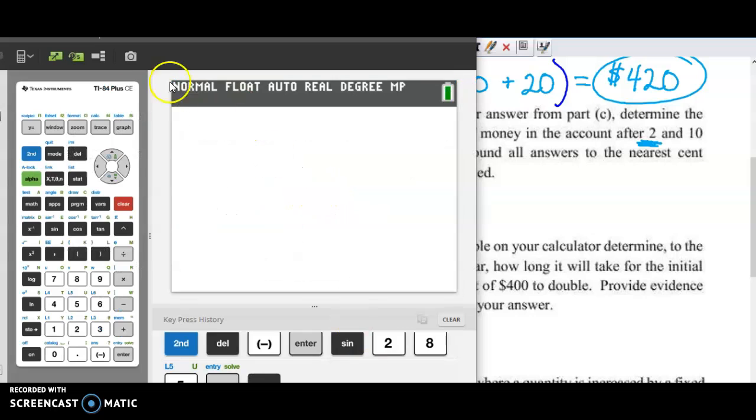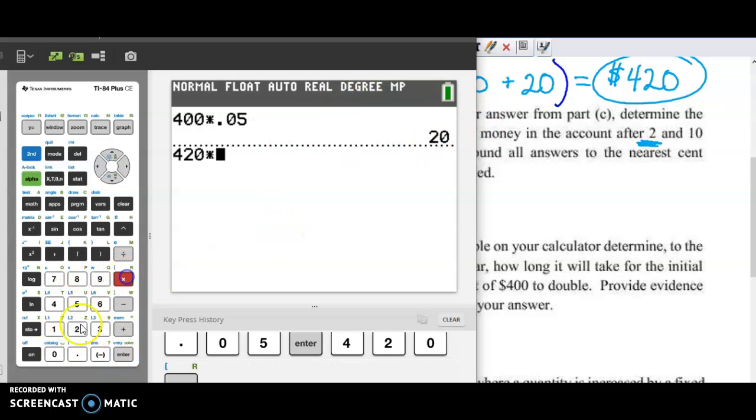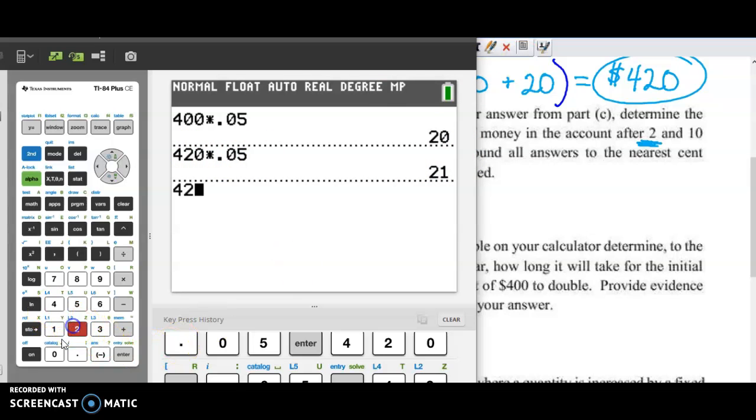I'll pull up a calculator real quick and show you, $400 times 0.05, you're making $20. Well, the next year you have $420, that's getting 5% interest. You're actually making more money. So after 2 years of making 5% interest, you actually have 420 plus $21.